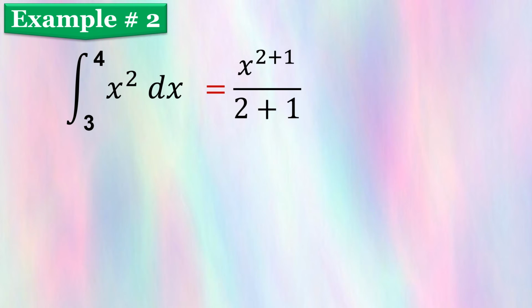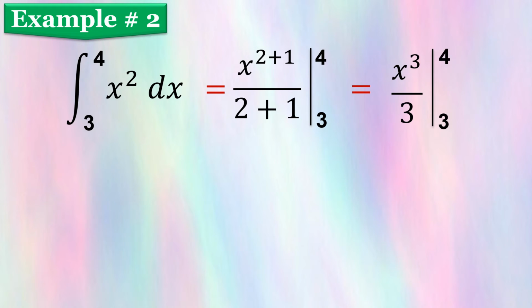So let us have example number 2. Let us determine the integral of x squared dx from 3 to 4. Here, we integrate x squared first, which is equal to x to the second plus 1 over 2 plus 1, to be evaluated from 3 to 4. It is equal to x to the third over 3, evaluated from 3 to 4.